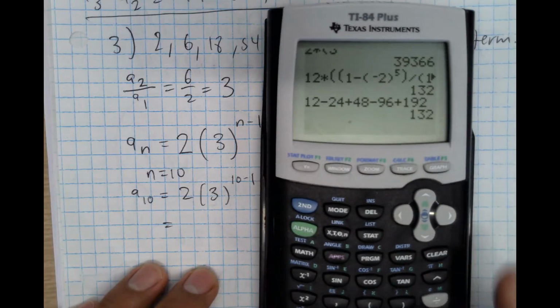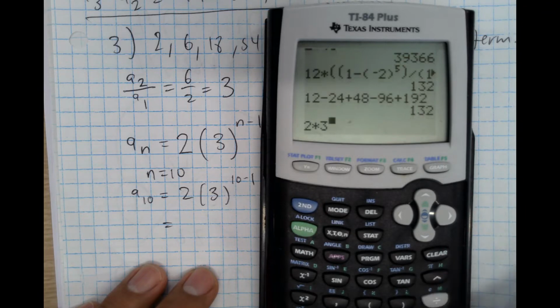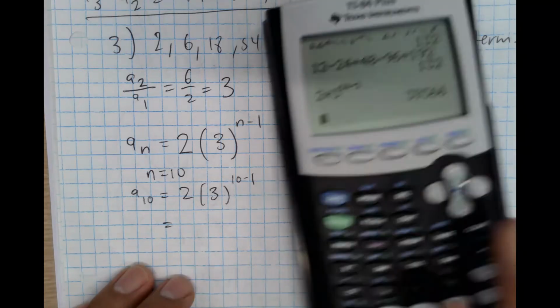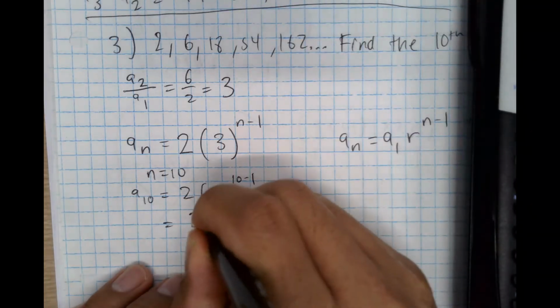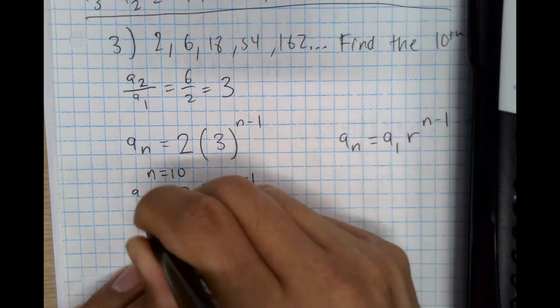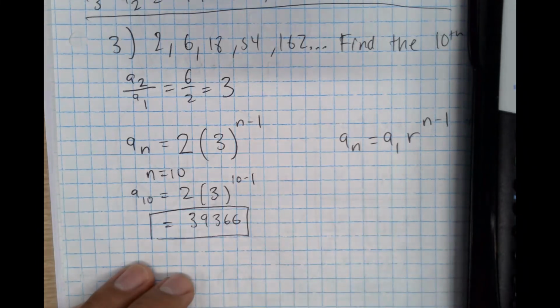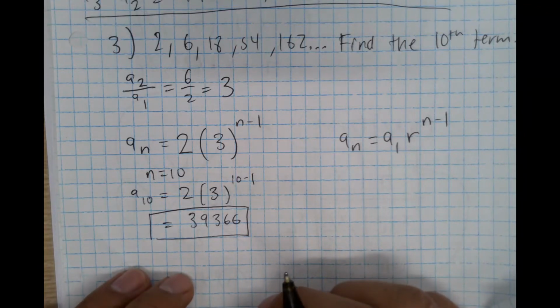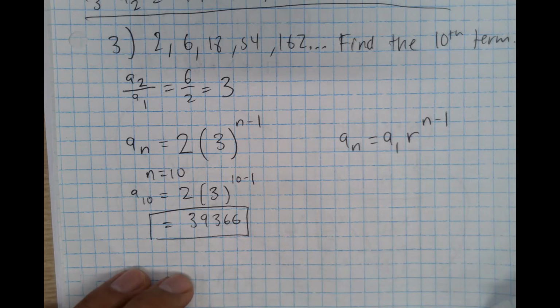It would be 2 times 3 to the 10 minus 1 power, and we get 39366. That's our answer. So A10 is equal to 39366. Okay, are there any questions on number 3?